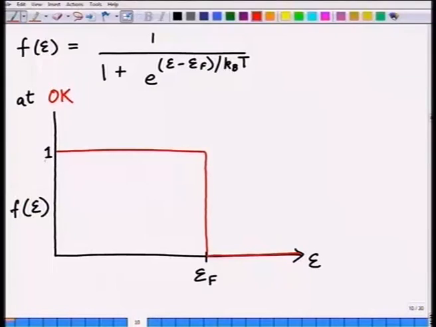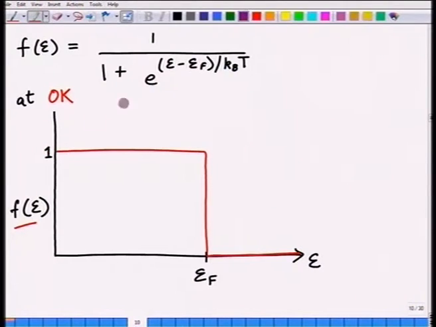Why? Because at 0 K, the probability of finding an electron was 1. So there was no difference between whether there is a state or whether the state is occupied. Therefore, if there is a state, then it will be occupied up to EF. As you can see, the value of F(E) is 1 up to EF.